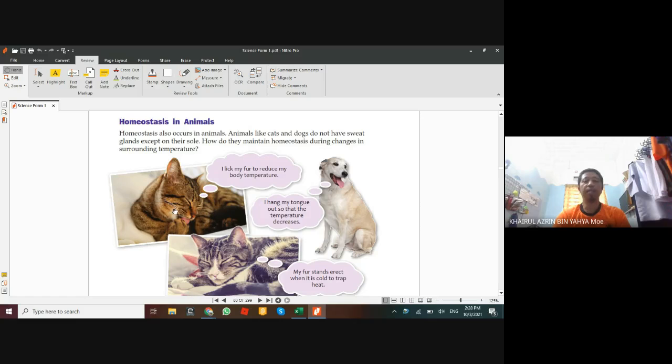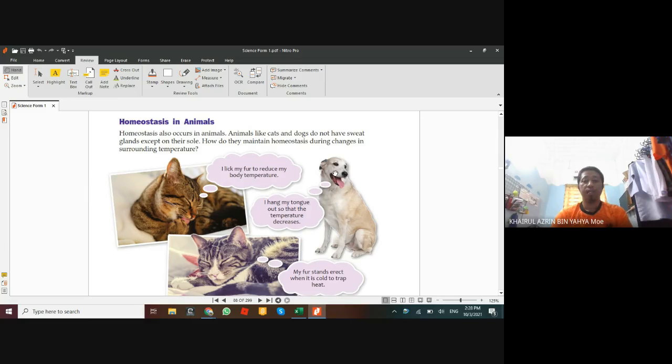This is a cat. This is also a cat and this is a dog. This cat says here, I lick my fur to reduce my body temperature, untuk mengurangkan suhu badan, untuk bagi sejuk badan.